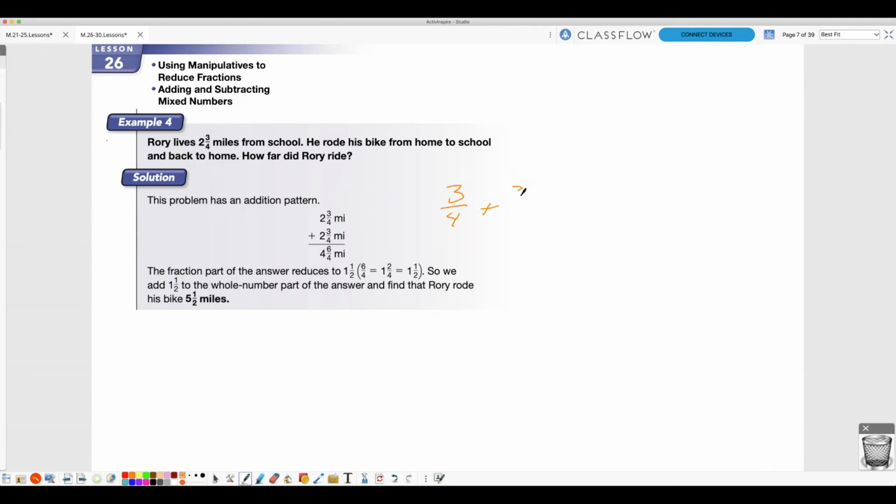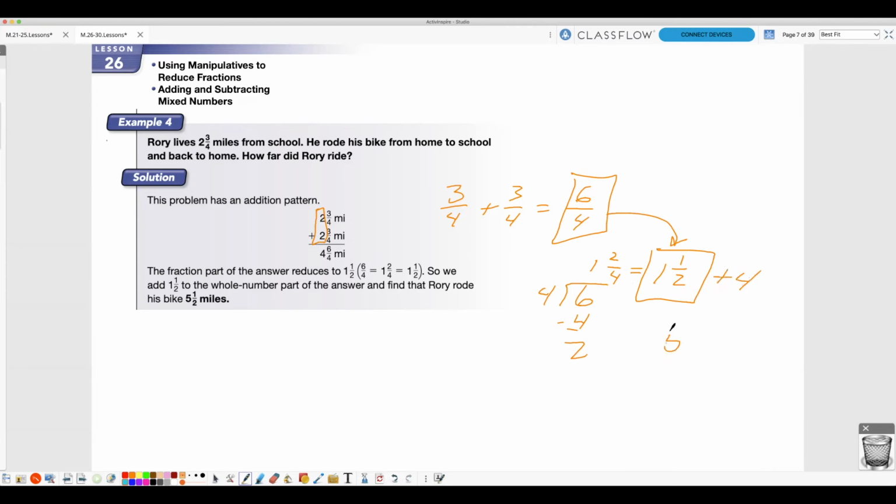3/4 plus 3/4 equals 6/4. That's an improper fraction. If you were to take 6 divided by 4, 4 will go into 6 one time. Subtract that, it'd be 2, and over the 4, this would be the same as 1 1/2. So 6/4 equals 1 1/2, and you have to recognize that you had the 2 plus 2 there, which equals 4.